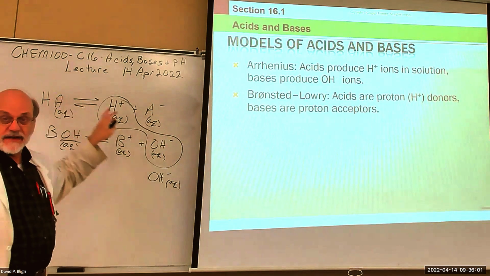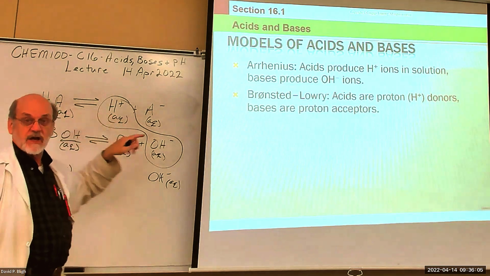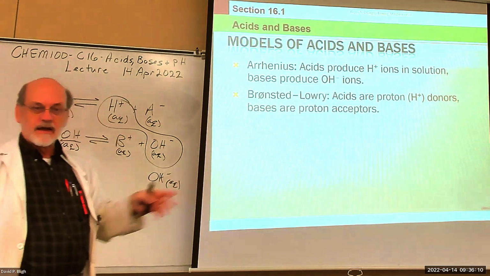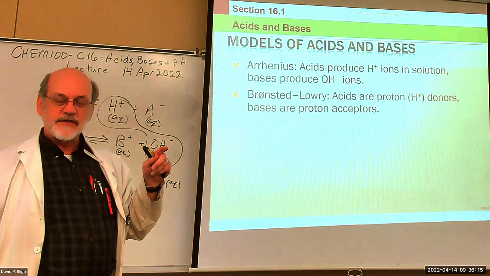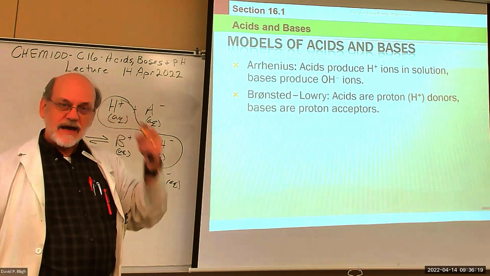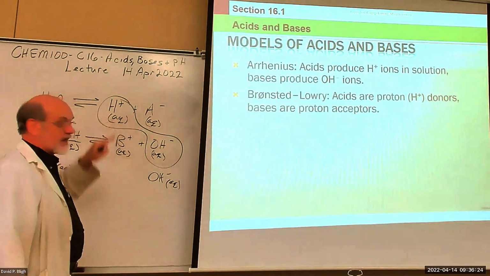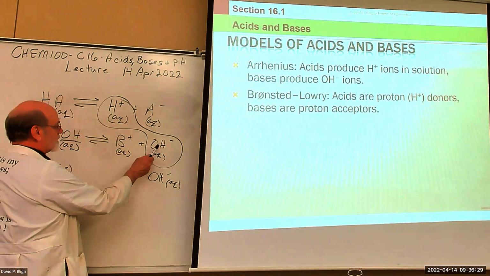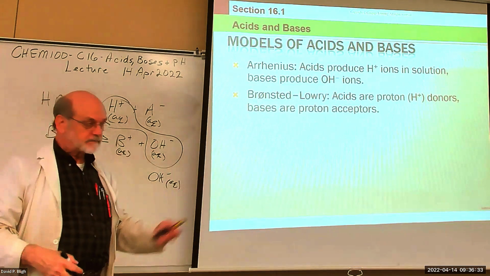The Arrhenius definition fits that one. It gives up that hydrogen and it can go someplace. It's donated. Where Bronsted and Lowry differed with Arrhenius was in the concept of the base. The base is now a hydrogen ion acceptor. Whatever accepts that hydrogen ion is a base. That makes this the base. It accepts that hydrogen ion. That's one example.